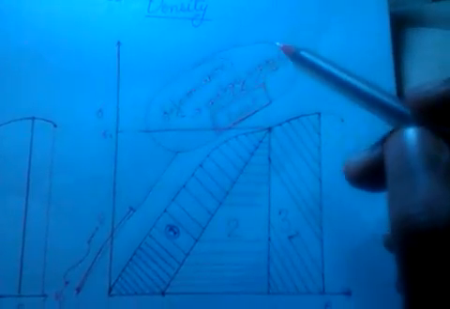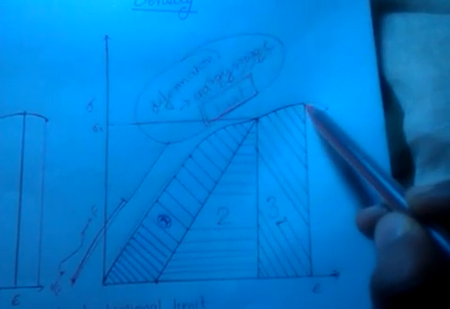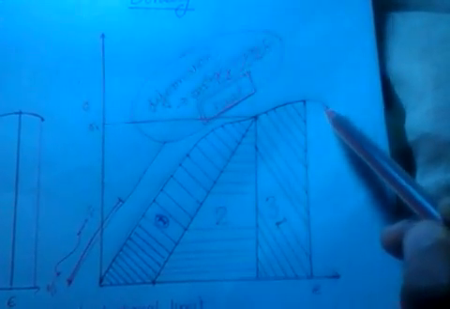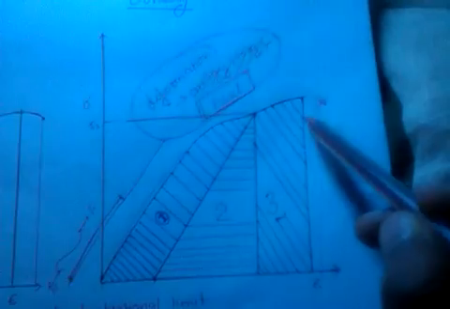Now, before seeing you off, another term that I would like to introduce is this: if I keep on increasing the load, and of course the stress, higher and higher till here, which is the rupture point, then the area under the whole graph would correspond to the modulus of toughness.